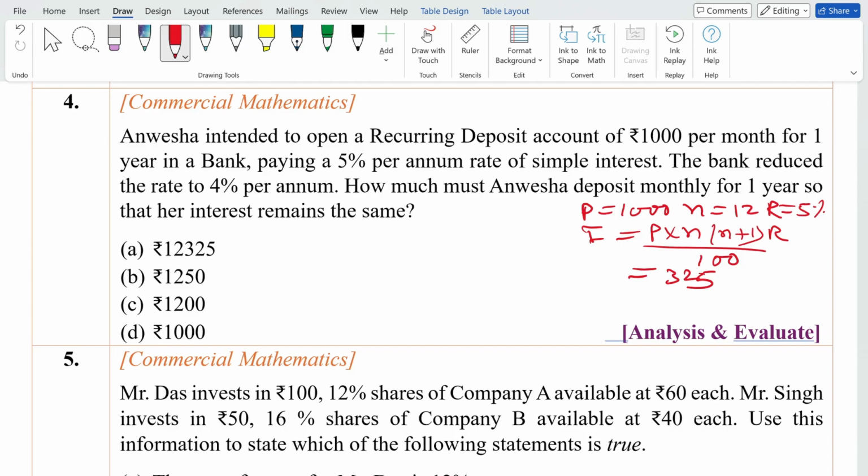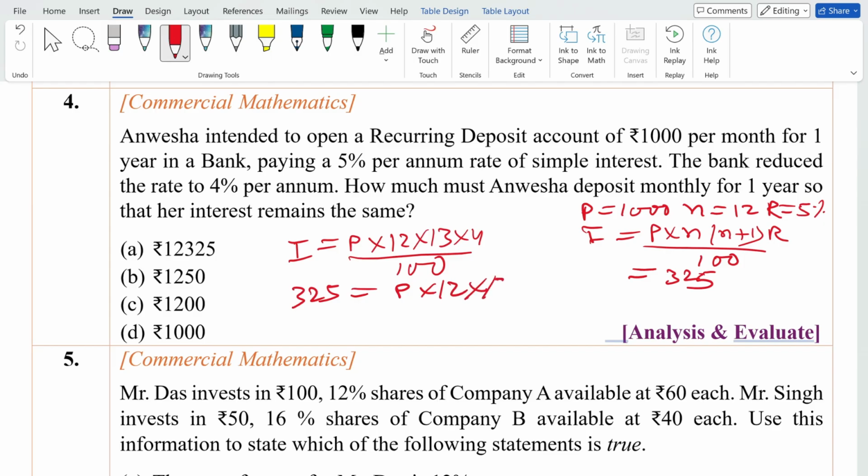Now put this interest and find P. P into 12 into 13, rate is 4 divided by 100, and put here interest 325. So here P equals 1250.